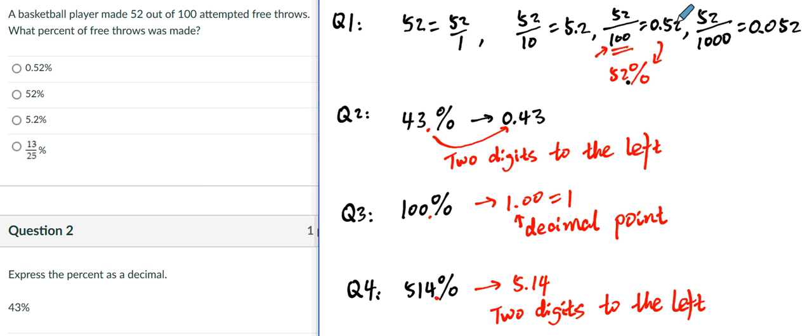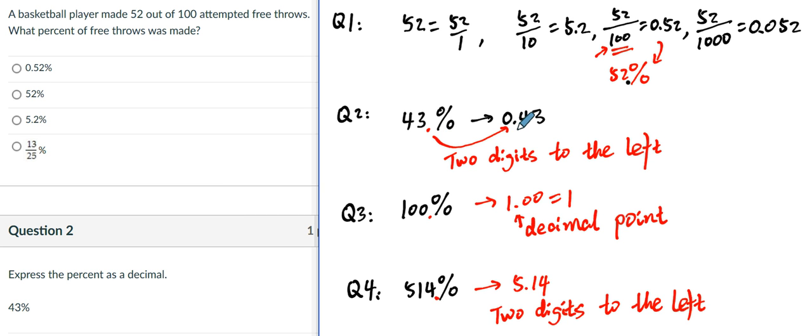With this in our mind, when you see the percent, you want to convert that to decimal. So you simply shift the decimal point 2 units to the left.